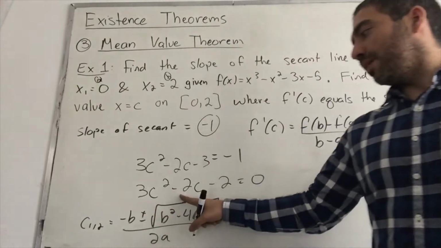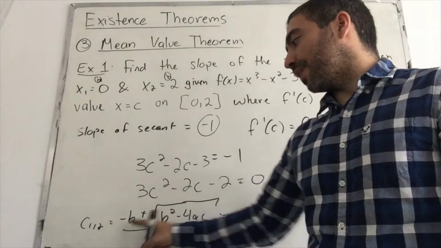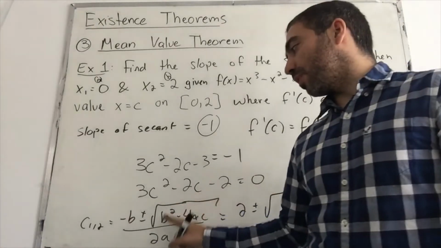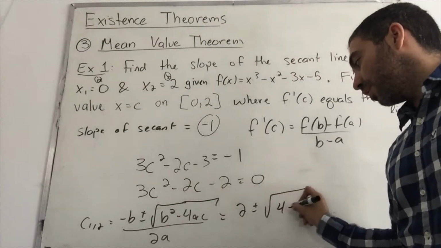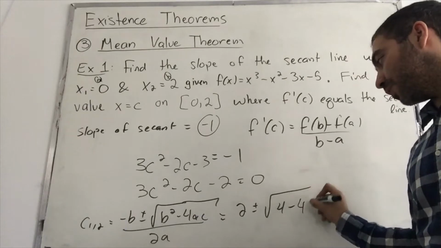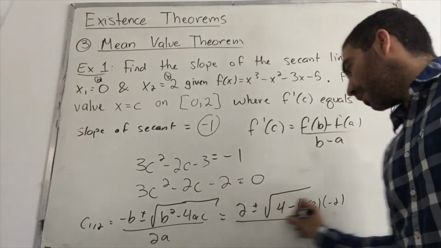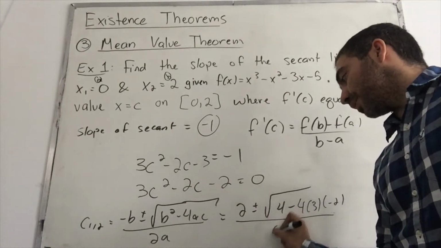Minus b is negative 2, so the negative of negative 2 becomes positive 2, plus or minus the square root of negative 2 squared, which is 4, minus 4 times a, which is 3, times c, which is negative 2, all over 2a, which is 2 times 3, which is 6.